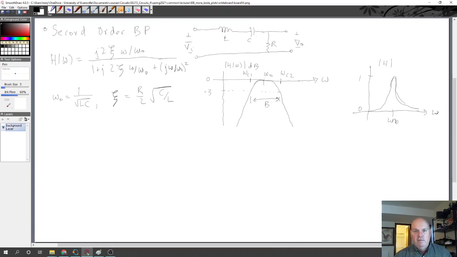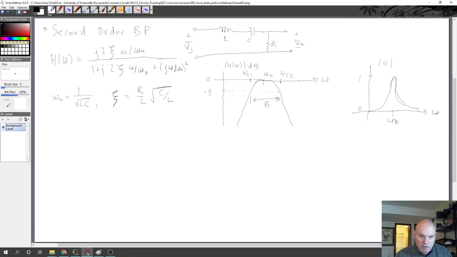Certainly, if you know the desired value of zeta and omega 0, you can find component values that satisfy these equations appropriately. And typically here you do have one free circuit component that you can choose. Maybe again a capacitor. And once you choose a capacitor value, this equation is going to set your inductor value to give you a desired omega 0. And then once you have your capacitor and inductor, you can choose a resistor value to get your desired value of zeta.